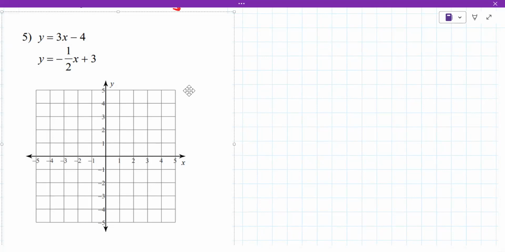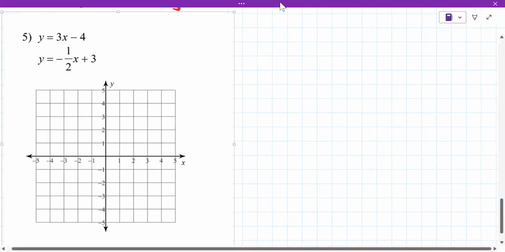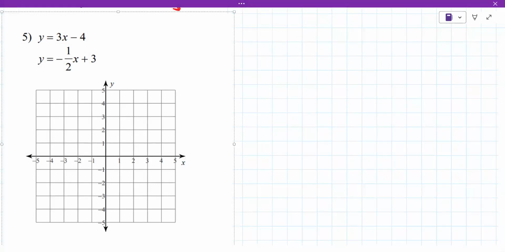Since it's -1/2, you don't have to do any more. So the first one, the slope would be 3 and the b value would be -4. Second one, the slope would be -1/2 and the b value would be 3. Okay. So make a rough sketch and try to see where they intersect.